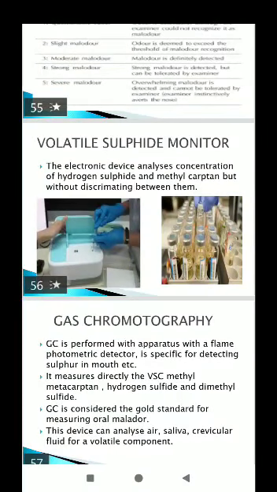The electronic device analyzes the concentration of hydrogen sulfide and methyl mercaptan but without discriminating between them. This is the role of the volatile sulfide monitor test.